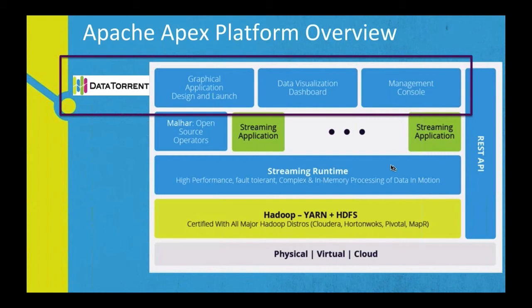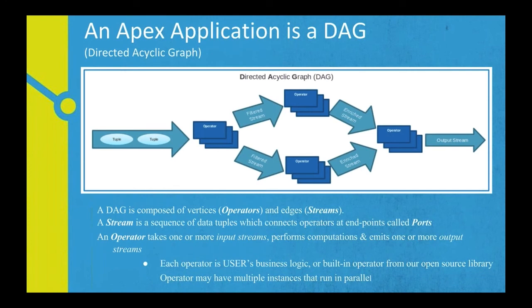On top of the Apex platform and Malhar library, there is a graphical application design and launch tool, data visualization dashboards, and a management console when you have the DataTorrent package with it. Having DataTorrent makes management easy with the DataTorrent console.